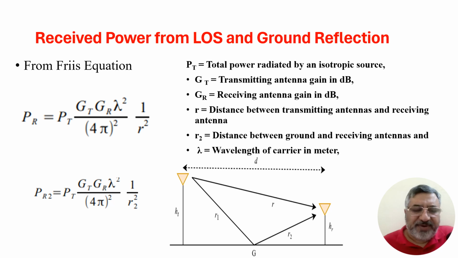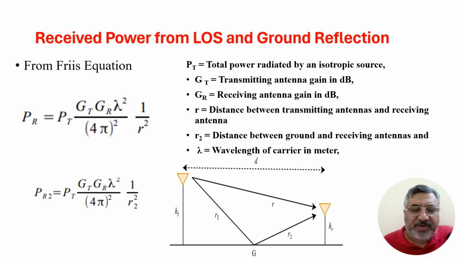So by applying the Friis equation, we calculate PR is equal to PT GT GR lambda squared divided by 4 pi squared, multiplied by 1 over R squared, where PT is the total power radiated by an isotropic source, GT is the transmitter antenna gain in decibels, and GR is the received antenna gain in decibels. R is basically the distance between the transmitting antenna and the receiving antenna.